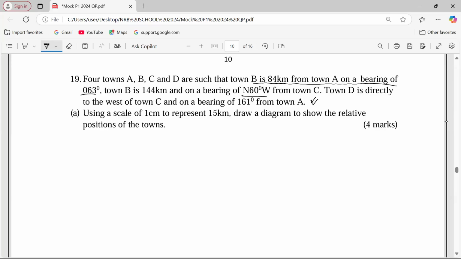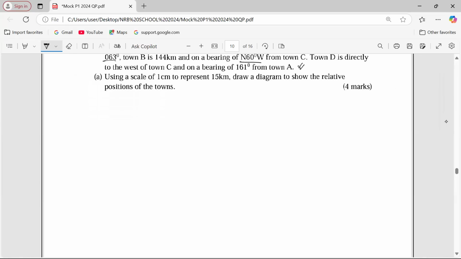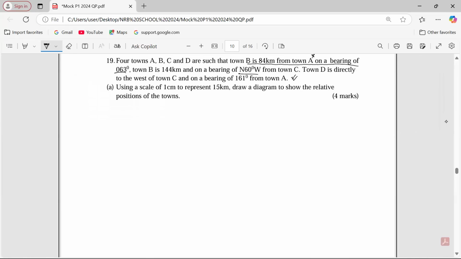So we begin with A. When you hear from A, that will be our reference point. So we start by drawing point A. This is our point A.